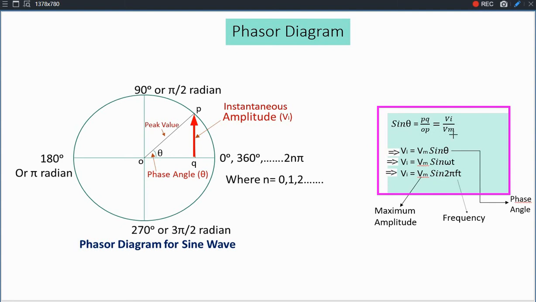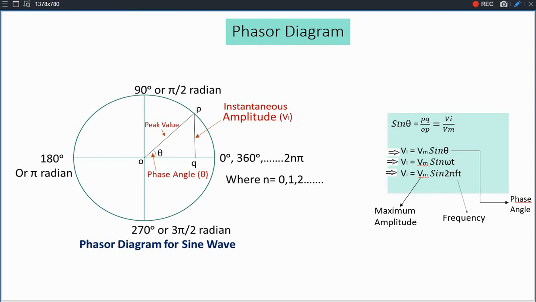Sine theta is equal to Vi by Vm, and theta is equal to omega t, so the phase angle is related to the angular velocity. How is it related to the angular velocity?